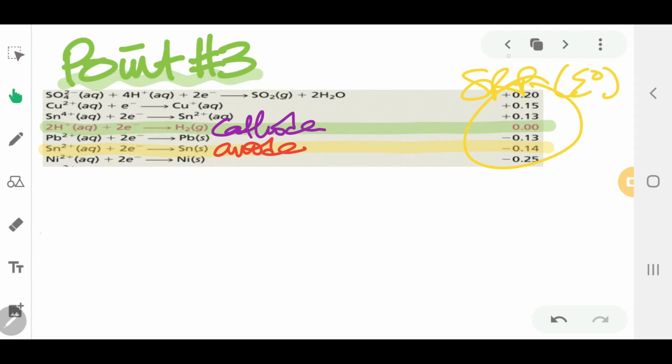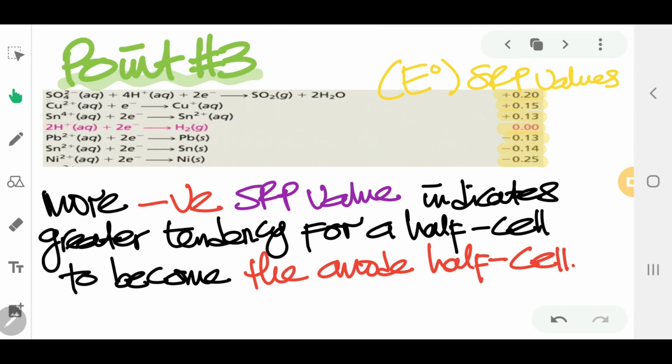I hope that one should be clear for the standard reduction potential values. Okay, again, the more negative standard reduction potential value, E naught cell, indicates the greater tendency for the half cells, all of these are half cells, to become the anode half cell.